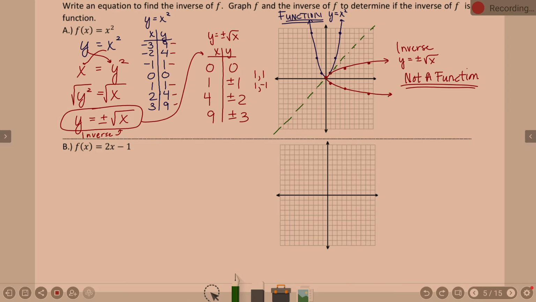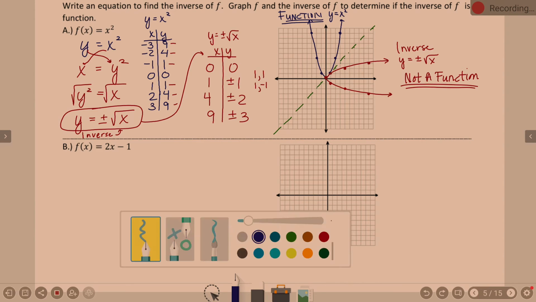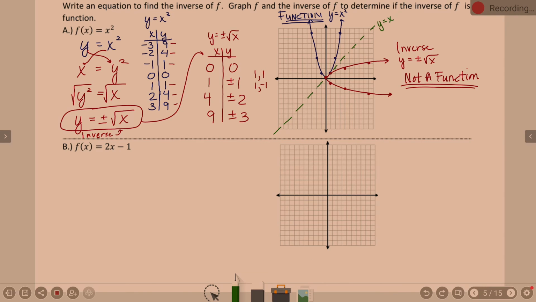So, okay, let's look at B then. How do I find the inverse? Sorry, labeling that y equals x up there. What do we know about f of x? f of x is another name for y.